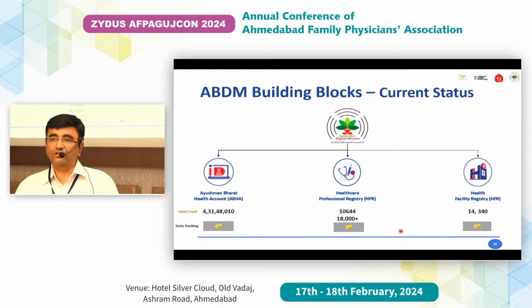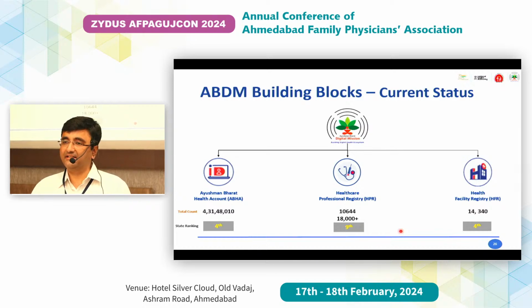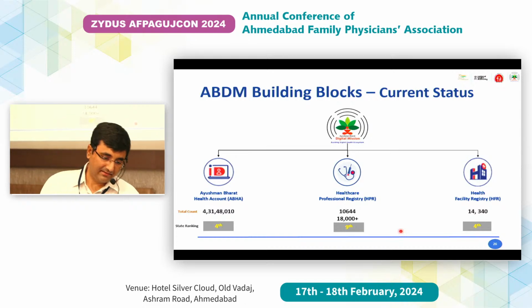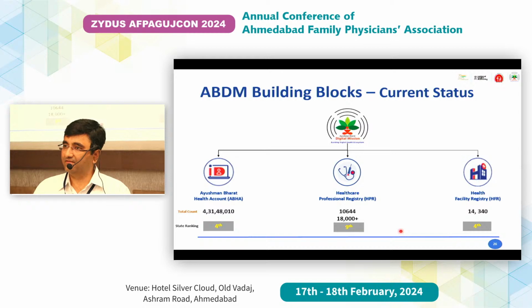There are a lot of concerns, anxiety among citizens, among practitioners, among various stakeholders, but I am very glad to share with you. Today we are having more than 60% population covered in Gujarat. 4 crore 31 lakh 49,000, it must be 50,000 now. So 4 crore 31 lakh citizens already covered in ABHA so far in our state.